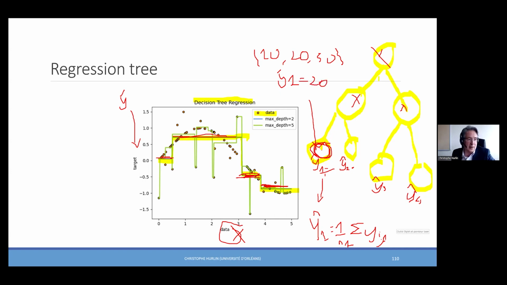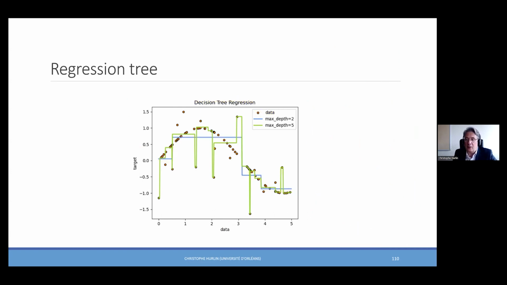Do you have some question about the regression? And here, this graph illustrates the fact that when you increase the depth of the tree, the number of potential values for y increases. I don't remember the number, but remember that when the depth is equal to 10, we could obtain 1024 different values for y.